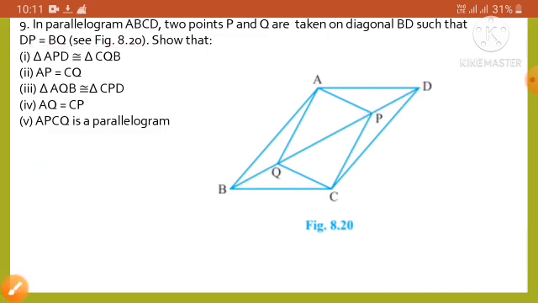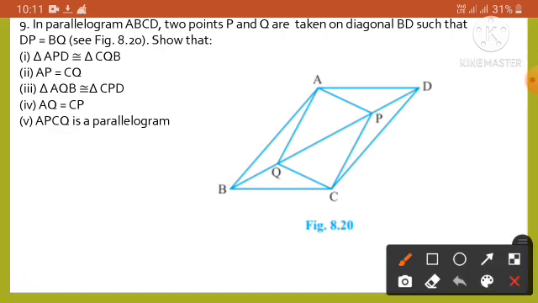So at first we take the first one. We have to prove that triangle APD is congruent to triangle CQB.